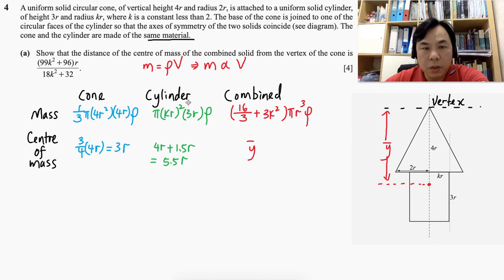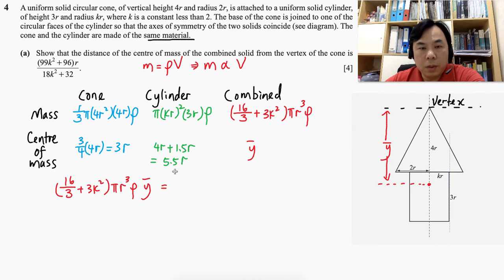Using that principle of moment, we can write down 16 over 3 plus 3k square multiplied by this. This is the moment. It must be the same as the sum of each individual moment. Now that would be this one here.